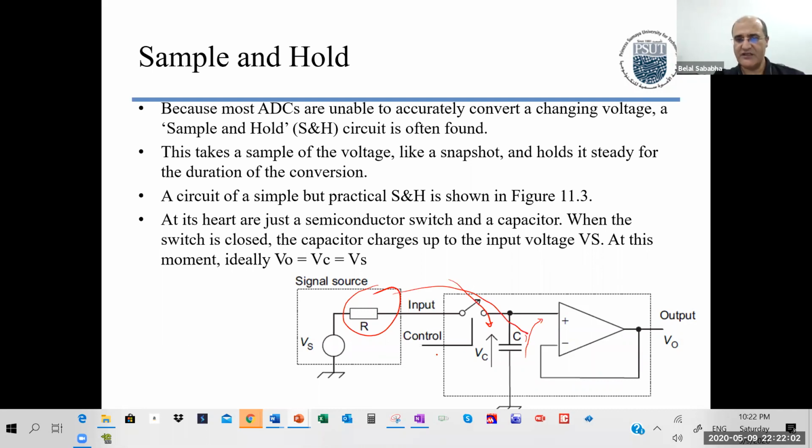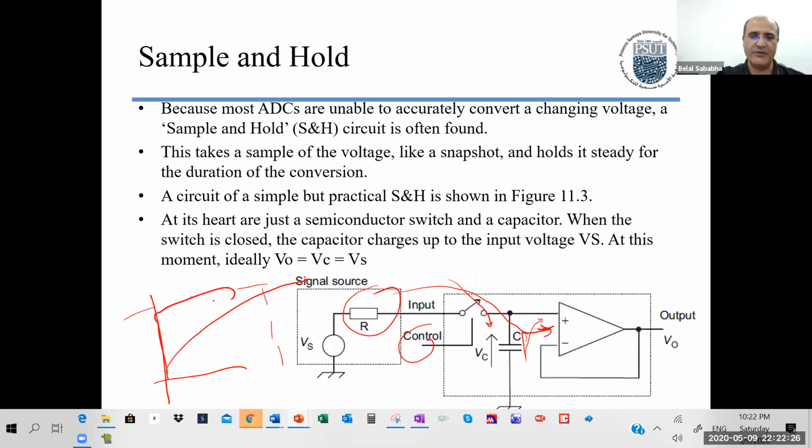We have control to switch the sample and hold on and off, but the RC circuit means this voltage cannot rise to the value of the actual signal in zero time, right? It has a rising time. It's going to take time.